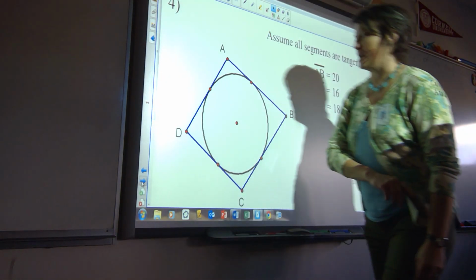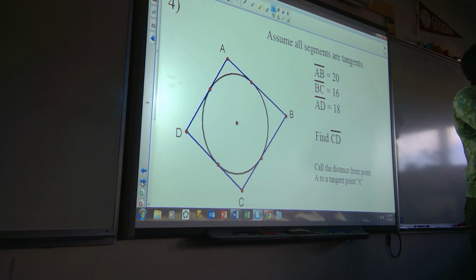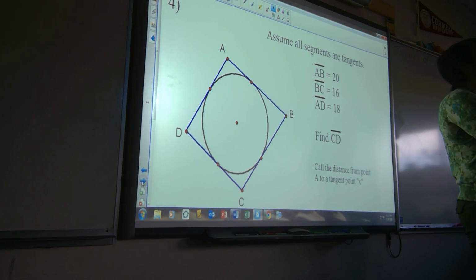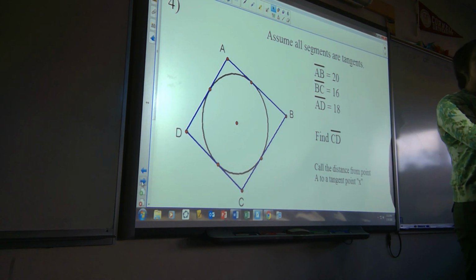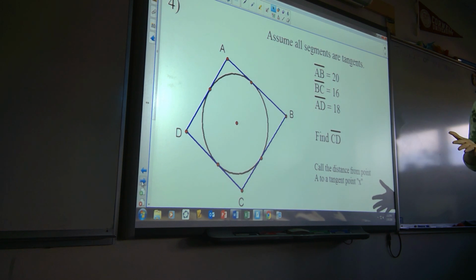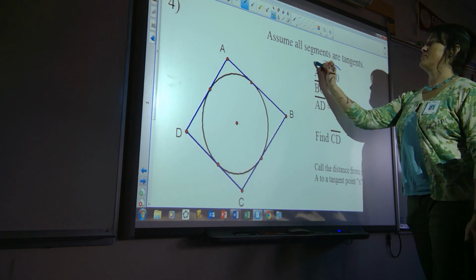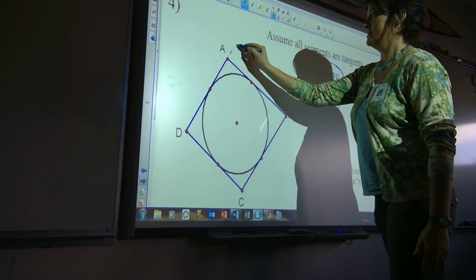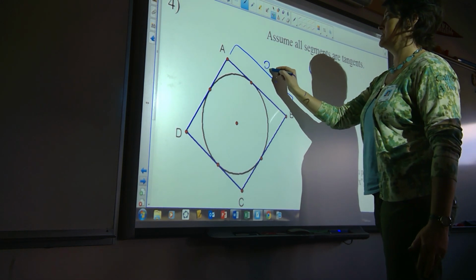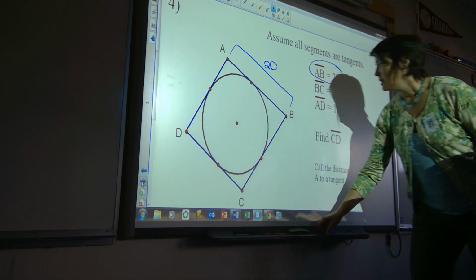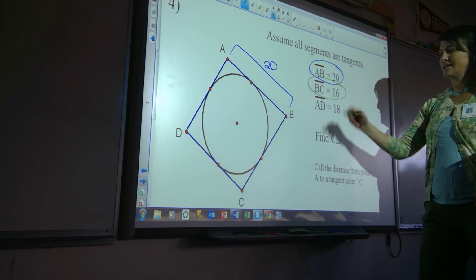This one over here would be an extension of this same theorem. So I want you to watch this one. This is gonna be an algebraic little challenge of a problem here. Okay, so let's put on here what we do know. AB is 20. So this whole thing right here is 20. BC is 16.